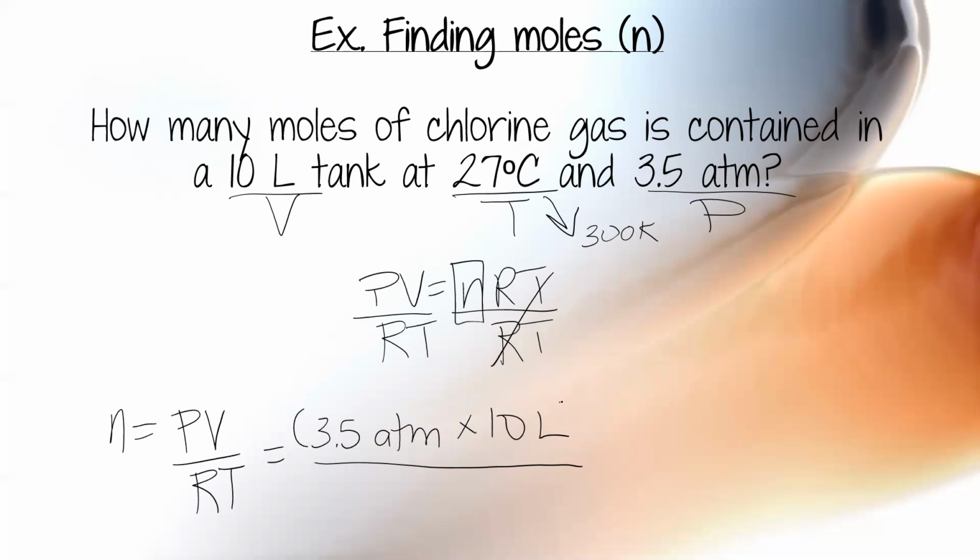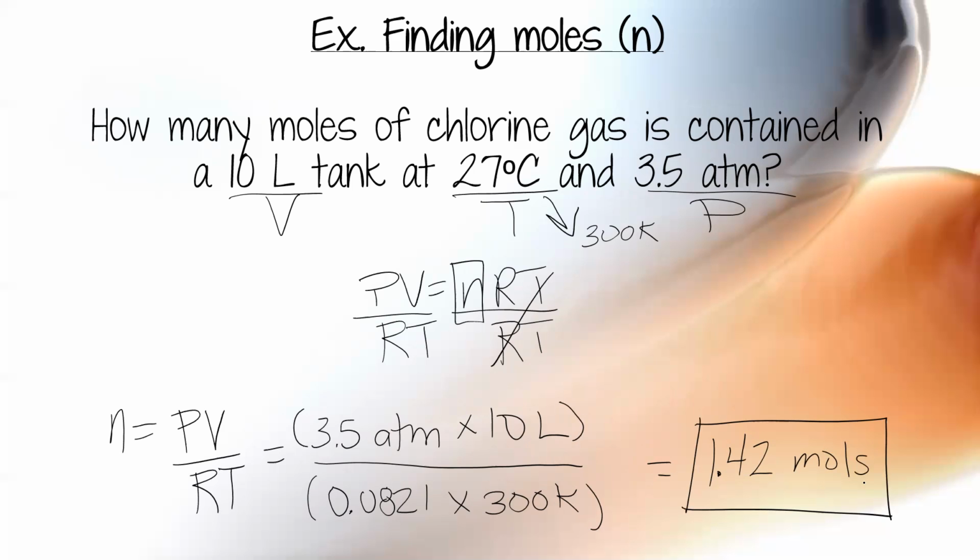Why don't you put some parentheses around that in your calculator? Divided by my constant R times my Kelvin temperature. Okay? Moles, if you solve it correctly, should be about 1.42. Plug it into the initial equation. It should all work out.